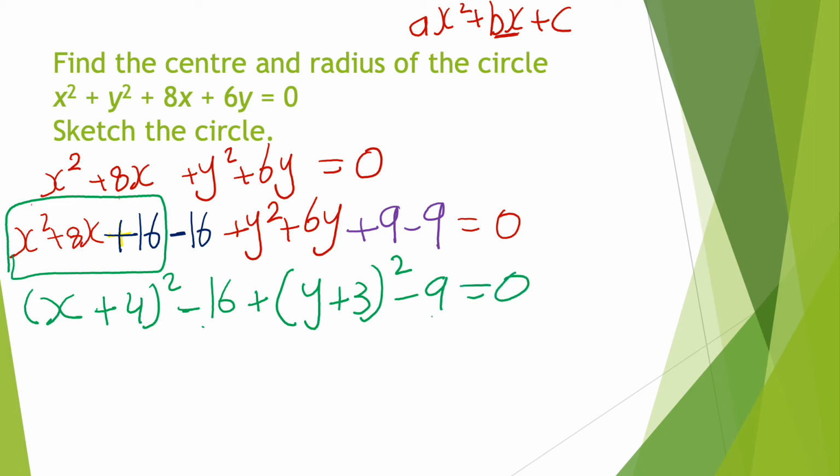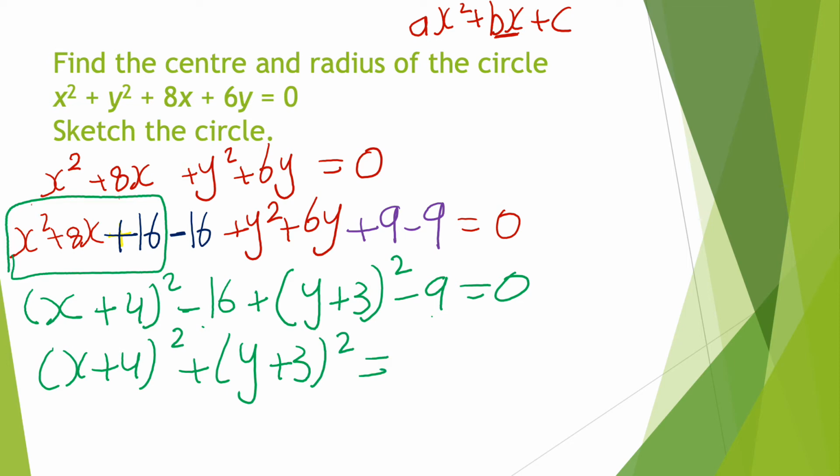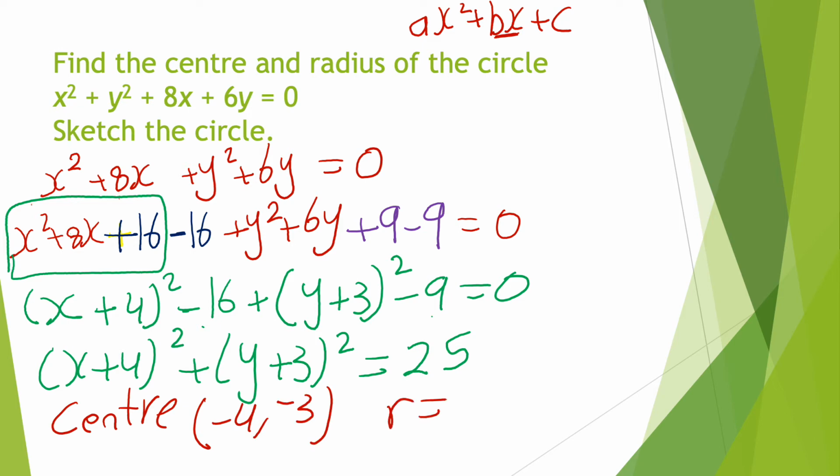Then those two are constants, so I've got x plus 4 squared plus y plus 3 squared equals, take the constants to the other side, those give me 25, positive 25 because it was negative 25. That means now this is the equation of the circle. So the center is negative 4, negative 3, and the radius is 5, and you can sketch it.